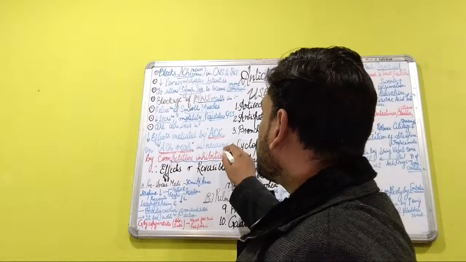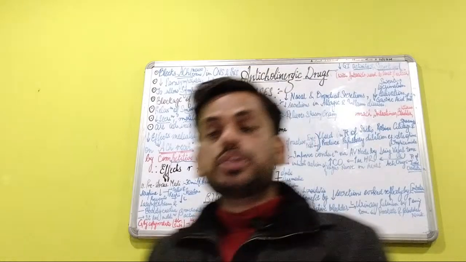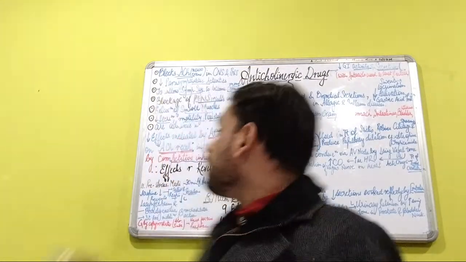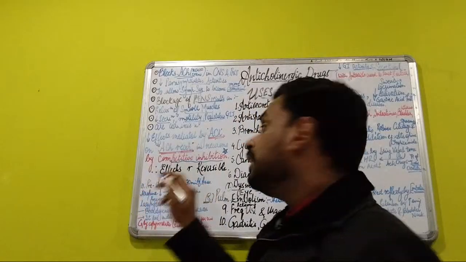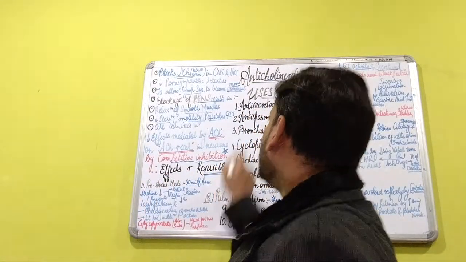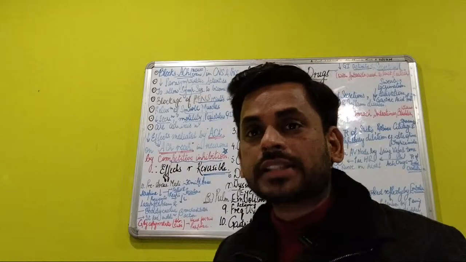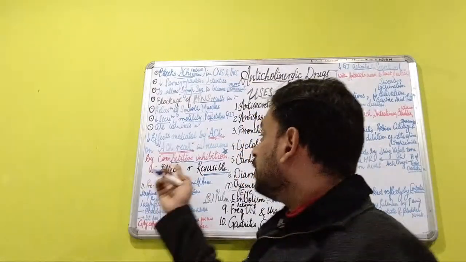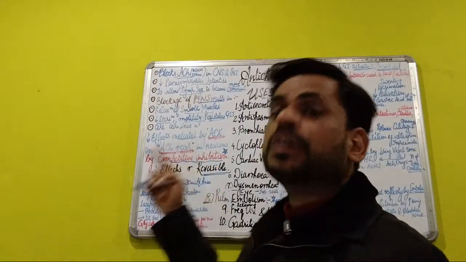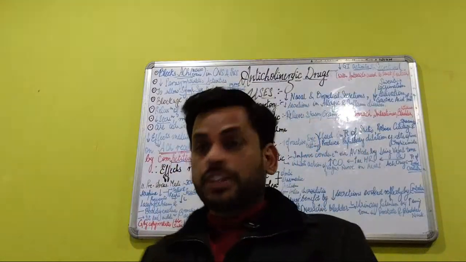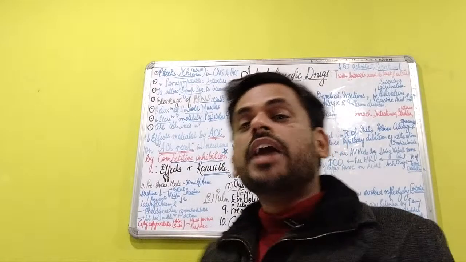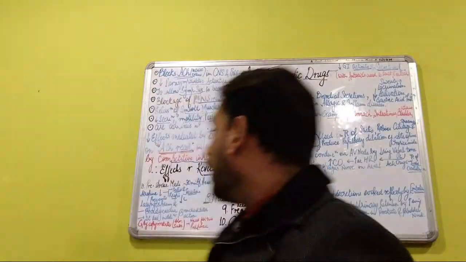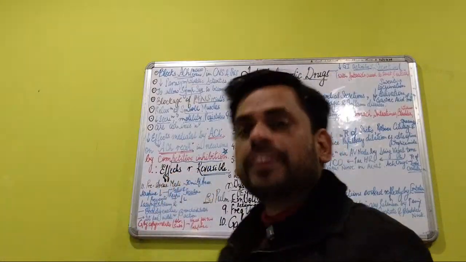So students and viewers, do remember, they exert their influence through competitive inhibition, and therefore the effects caused by these anticholinergic drugs are reversible, since the process of inhibition is competitive.